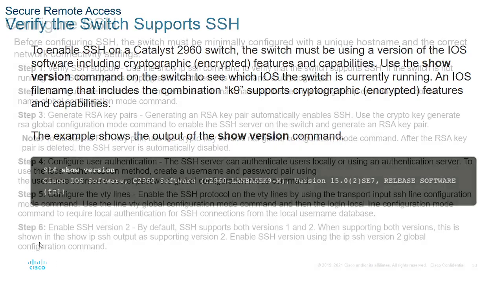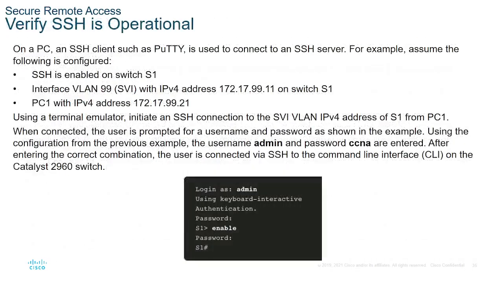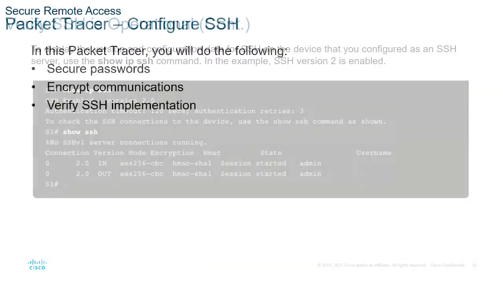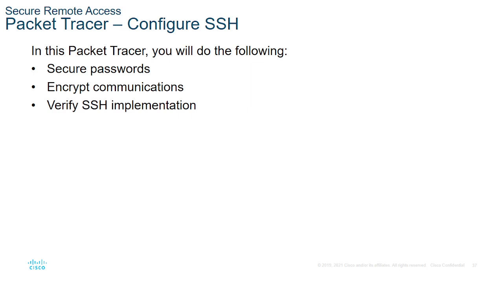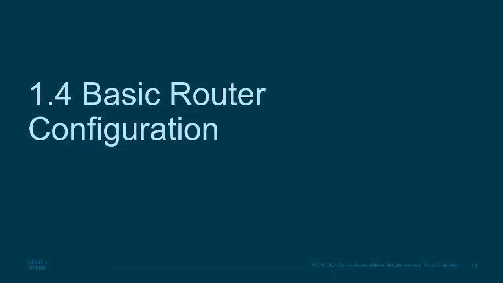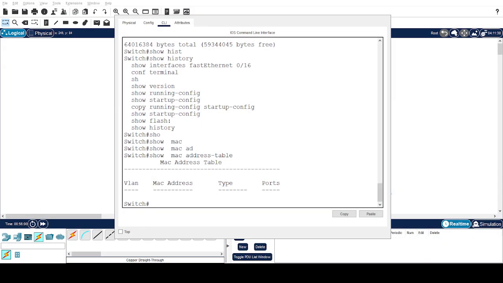For this, I think I'll just do everything practically, and we'll quickly wrap up this chapter. So I am now going to take you through the process of how you set up SSH on a device.